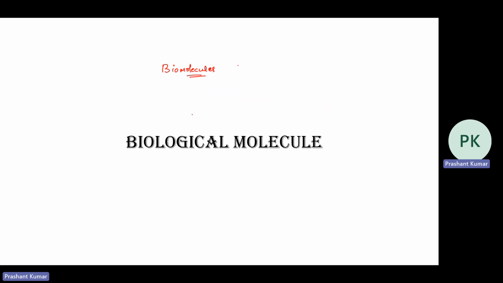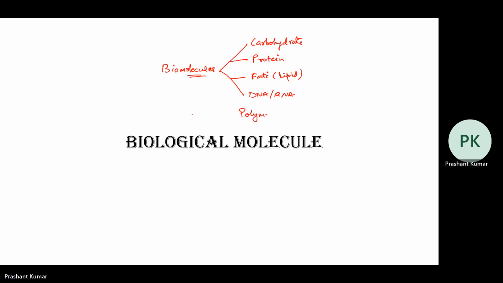All biomolecules, like carbohydrate, protein, fats, lipids, then DNA or RNA, are polymers. They are big molecules, and all these are made by a monomer unit.